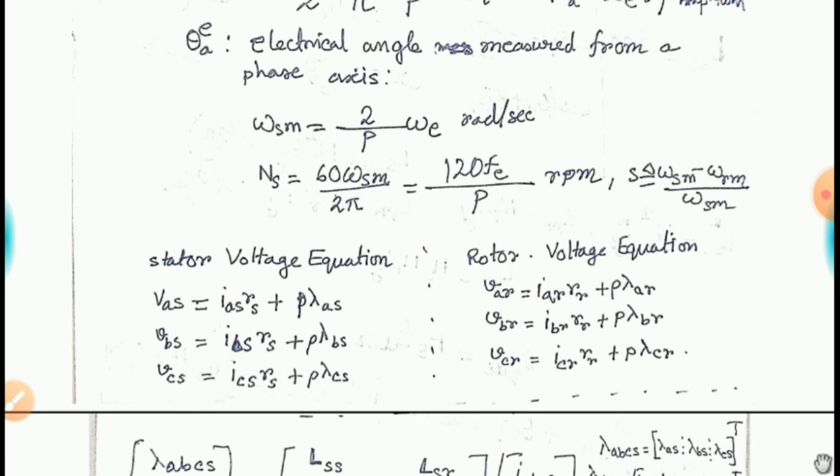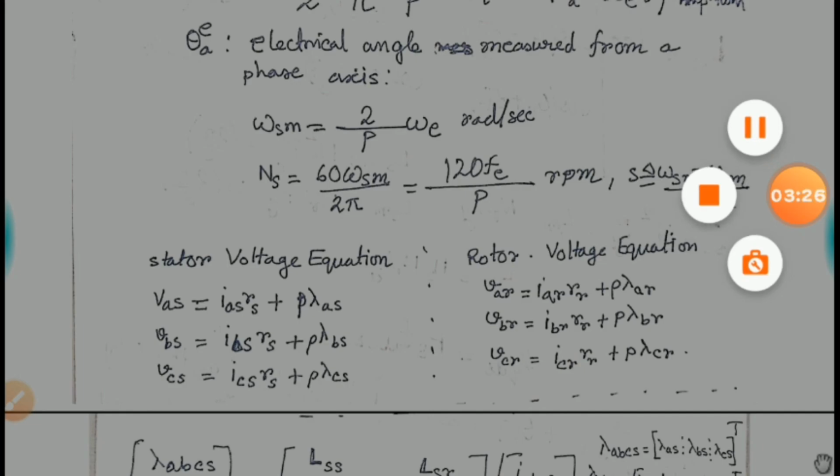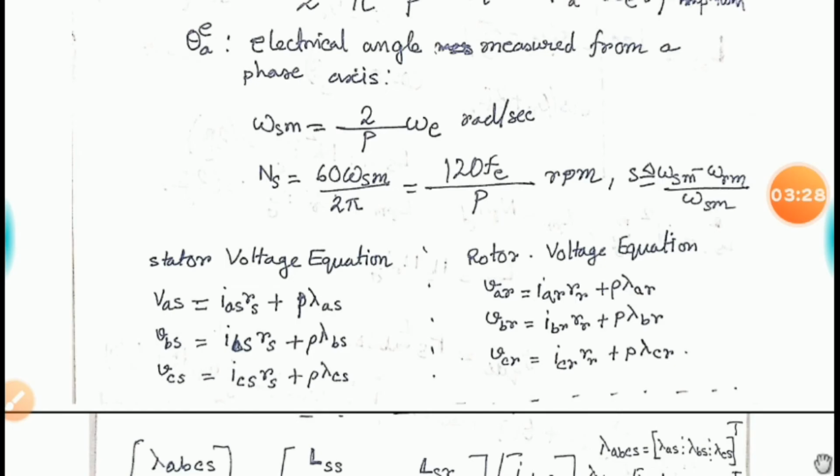By connecting external resistance, you can vary the starting resistance during start, and once your motor starts rotating, then gradually you can cut down the rheostat, or cut down the external resistance from your rotor circuit.